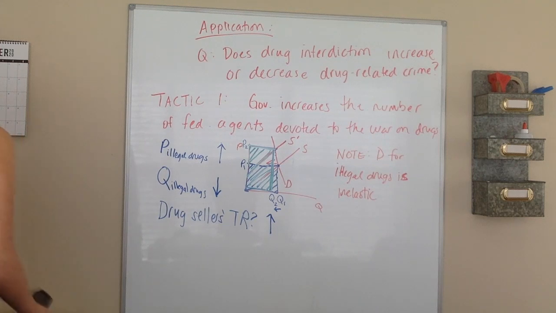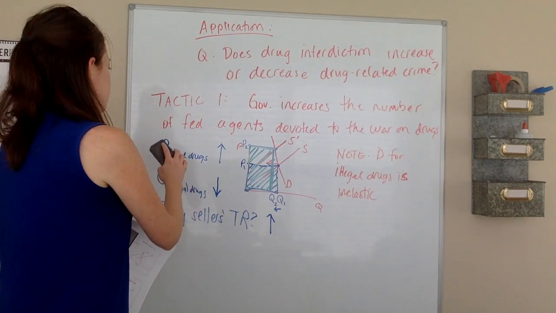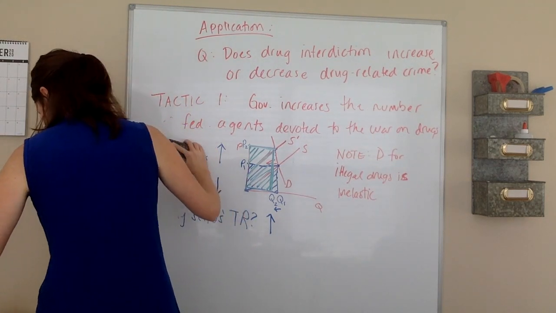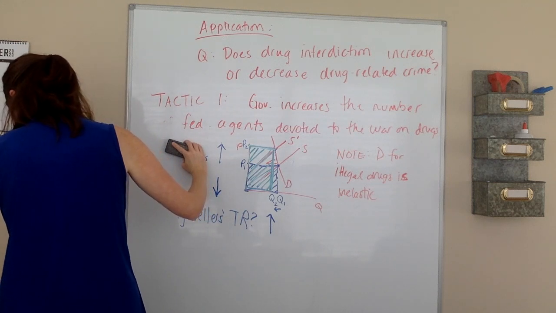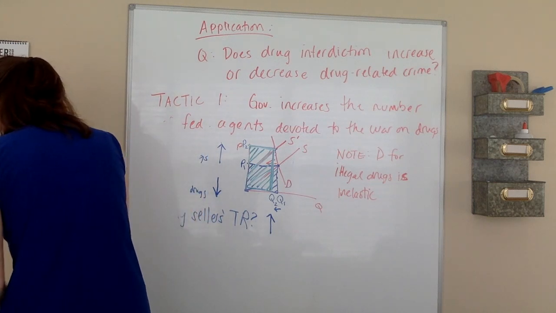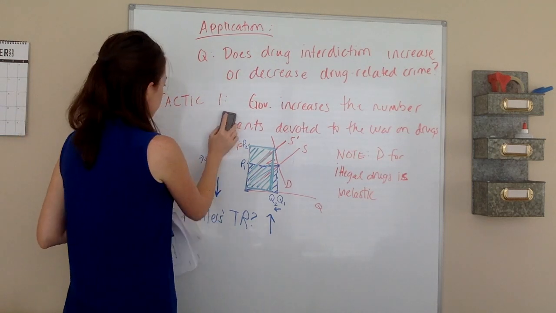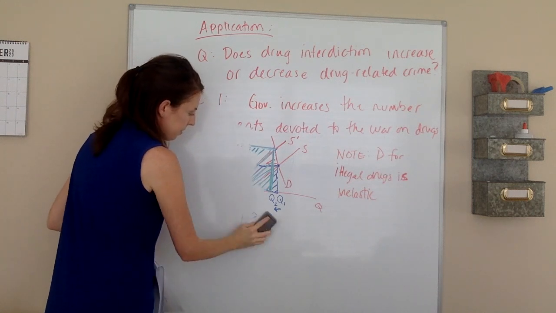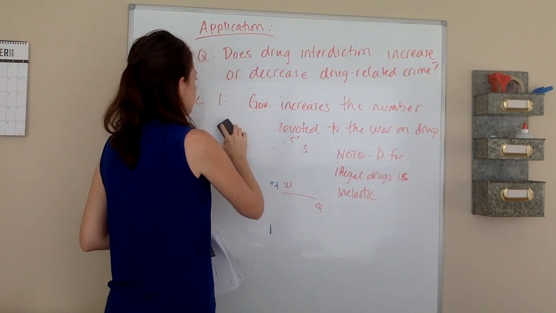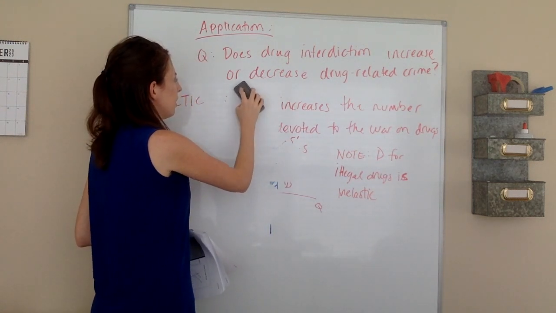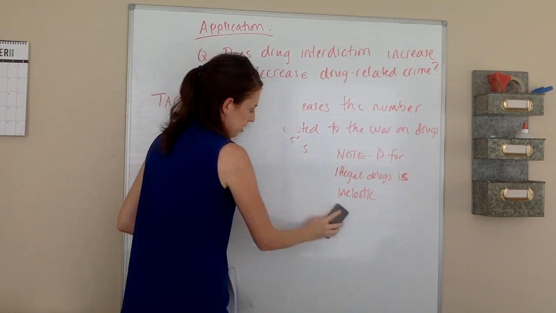Okay, so let's consider another tactic. So the second tactic we're going to think about, flip the page, is what if the government tried to intervene by simply taking on an educational campaign.